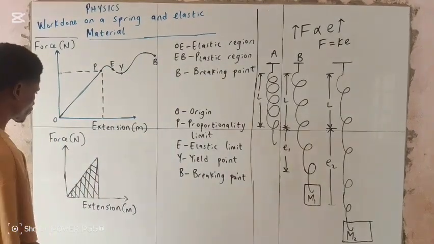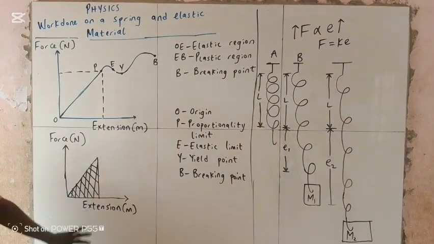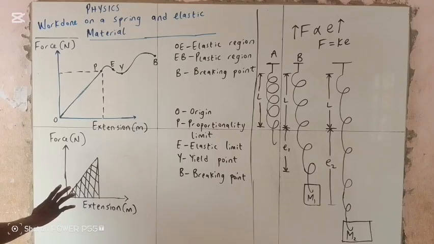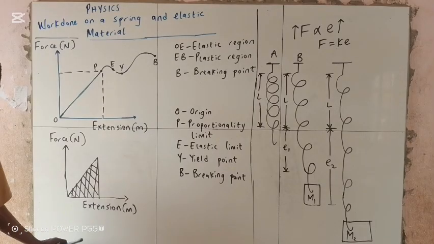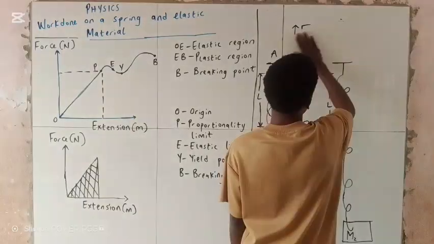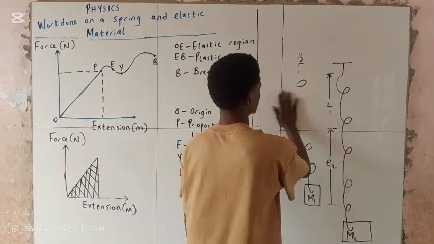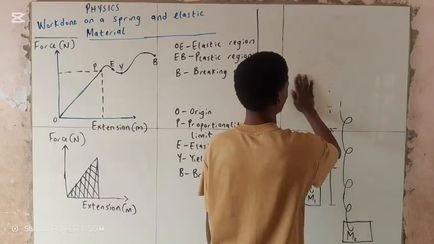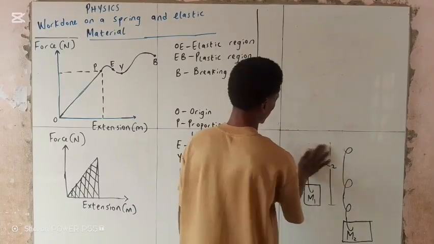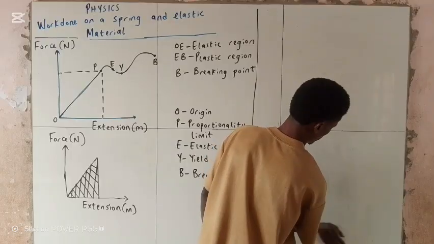In the case of this graph, we said work done equals the area of the graph. Work done is the area of graph.